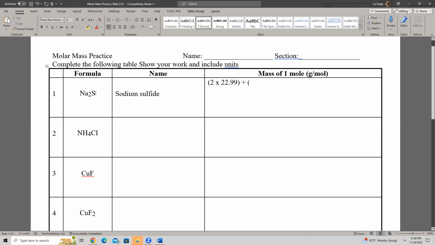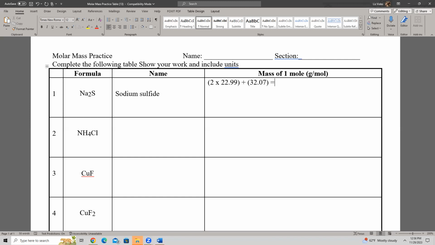So we have 2 moles because we have two of them. All right, and then sulfur is just one, and sulfur is 32.07 if you look at the periodic table. All right, so when you add them, you get the molar mass, which is simple, right?